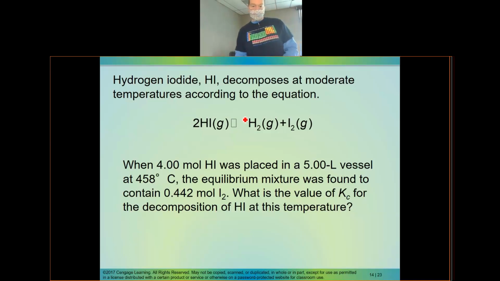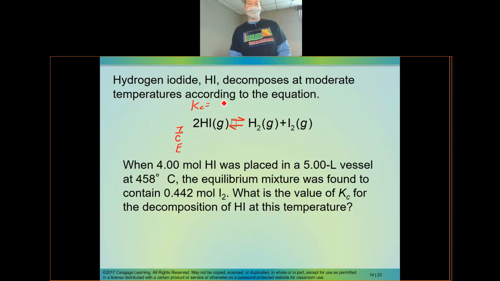All right, so here, again, these boxes indicate that the equilibrium arrow did not get inserted correctly. So here we're going to have an ICE problem. What do I mean by ICE? That means we're going to do initial, change, and equilibrium. And up here I can write the Kc.